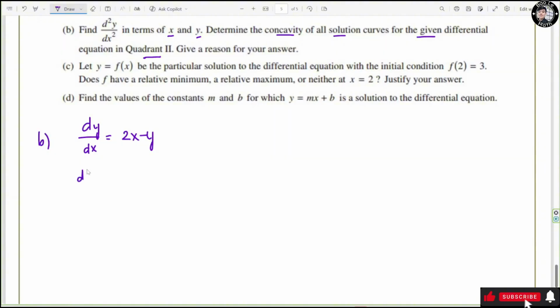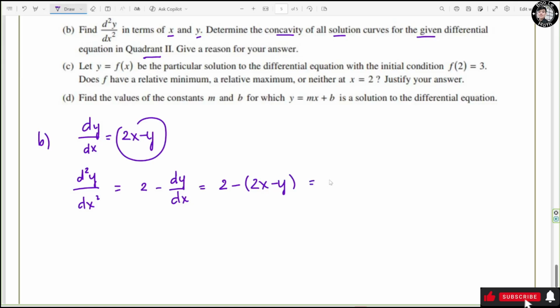So we have d squared y over dx squared equals 2 minus dy over dx, right? So then it's going to be 2 minus, but dy over dx equals this one right here, so it could be 2x minus y, right? So it could be 2 minus 2x plus y, right?